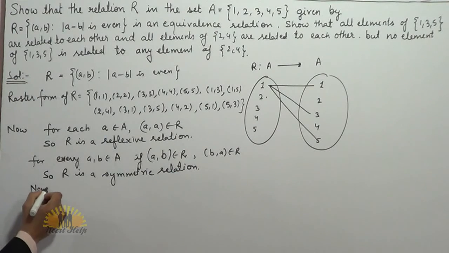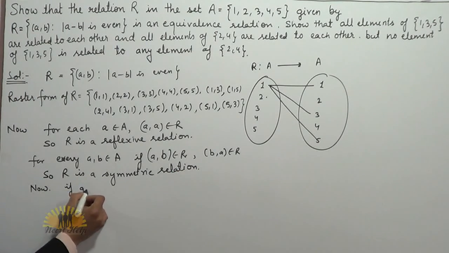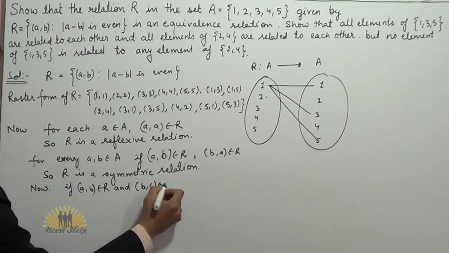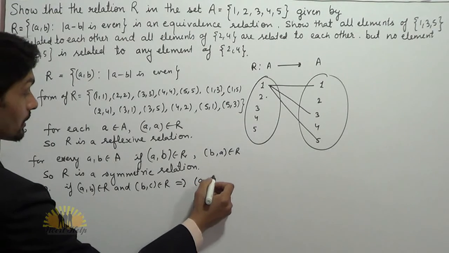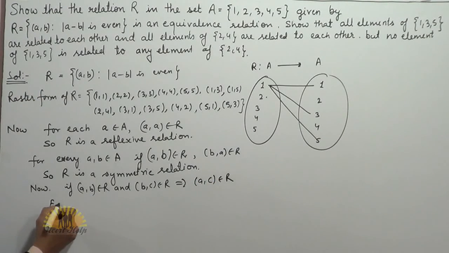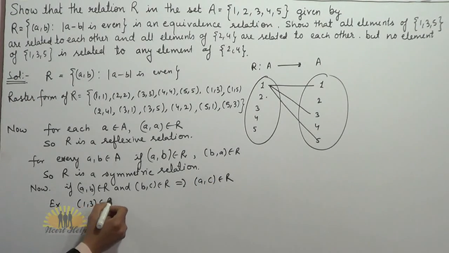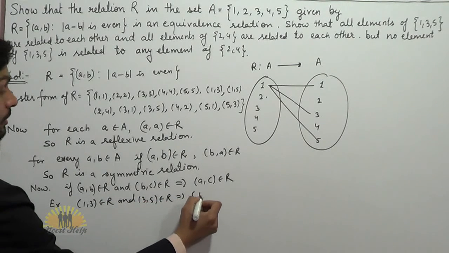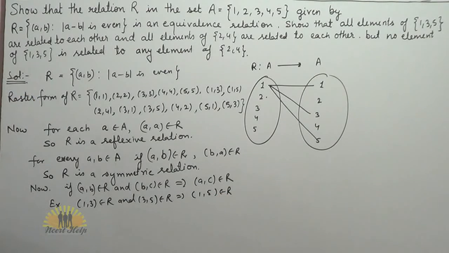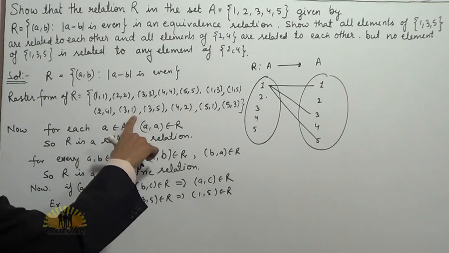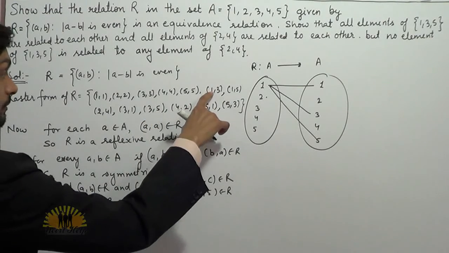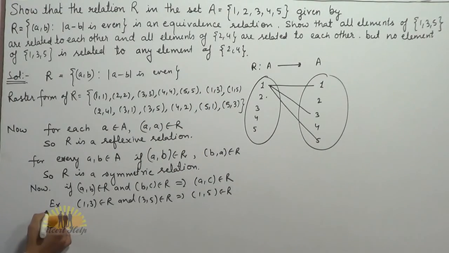Now, if (a, b) belongs to R and (b, c) belongs to R, it implies that (a, c) belongs to R. For example, (1, 3) belongs to R and (3, 5) belongs to R. This implies (1, 5) belongs to R, and it can be easily observed from the roster form of R. (1, 3) is in R, (3, 5) is in R, and (1, 5) is also in R. So the relation R is transitive also.